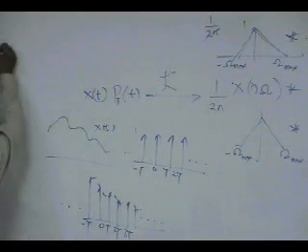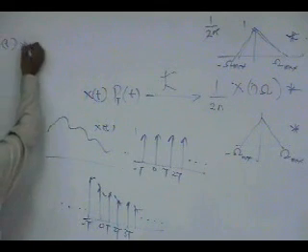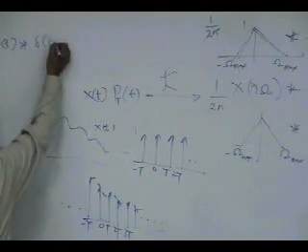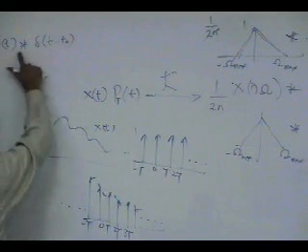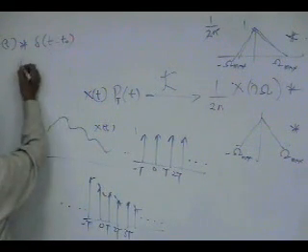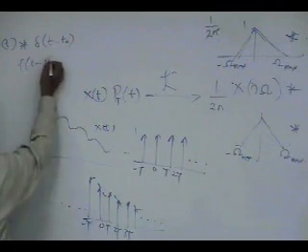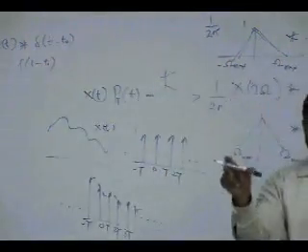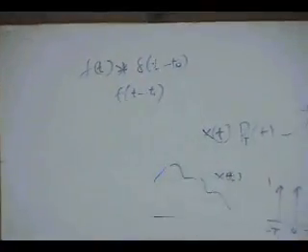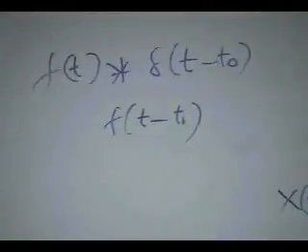So a function f(t) convolved with δ(t − t0), whether in time domain or frequency domain, the function will be delayed or shifted, copied at the location of the impulse. This is the relationship, right?